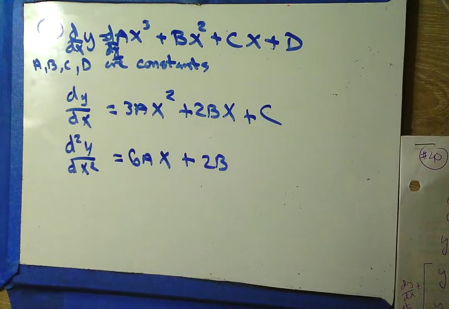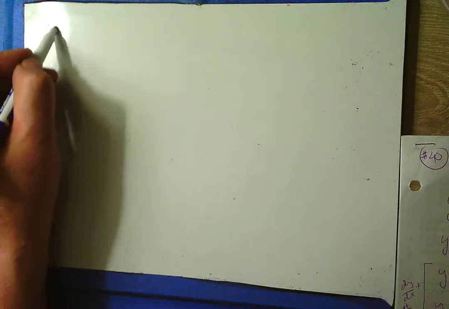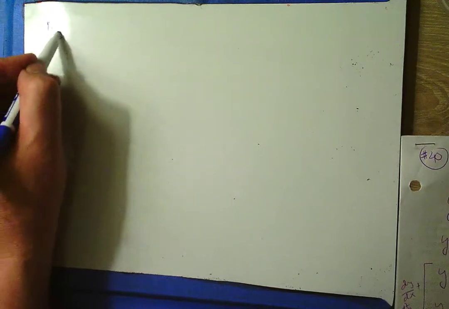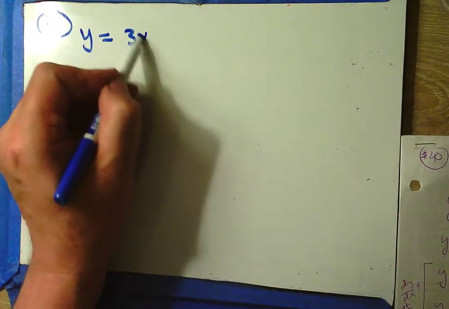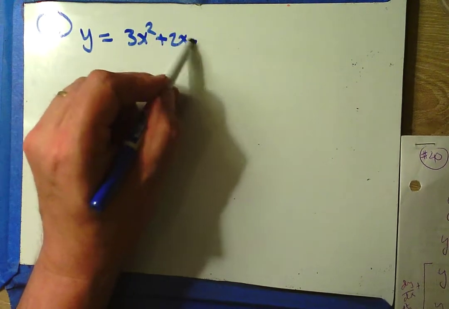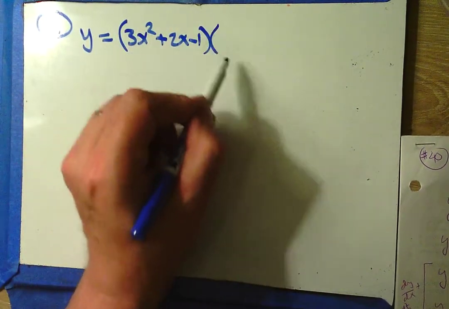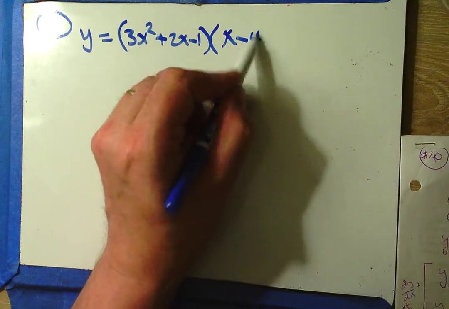Okay? All right, now it's time for us to actually face the product rule and the quotient rule. So, E. Y equals 3x squared plus 2x minus 1 times x minus 4.